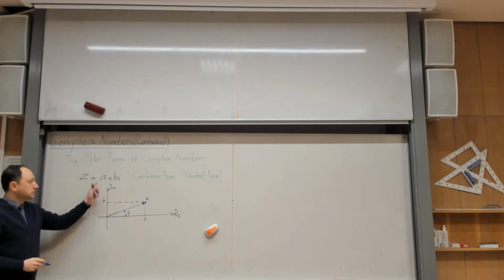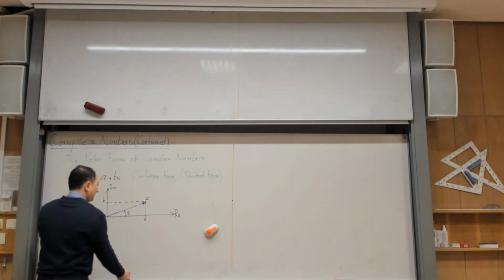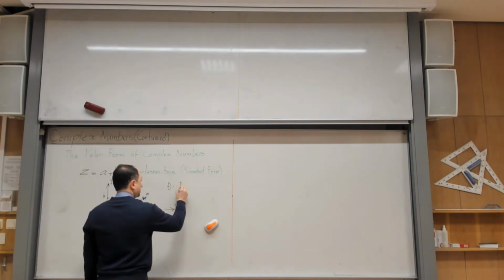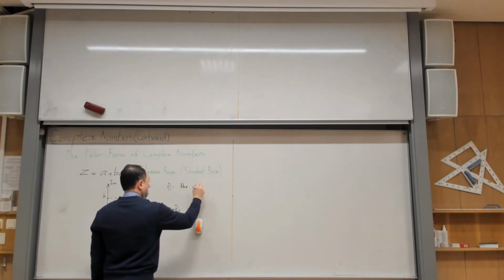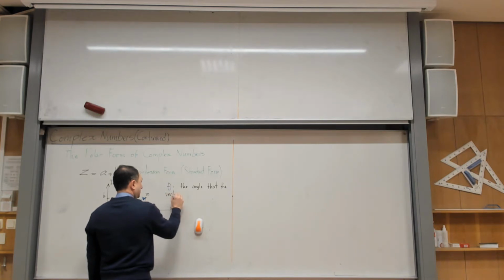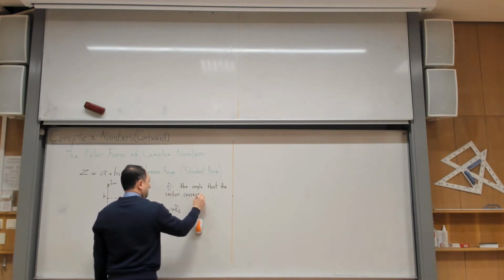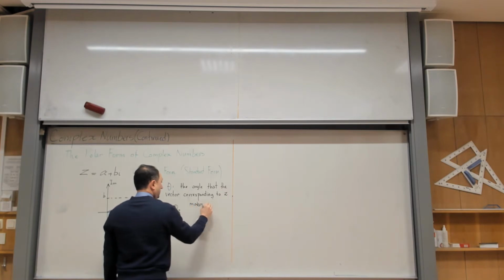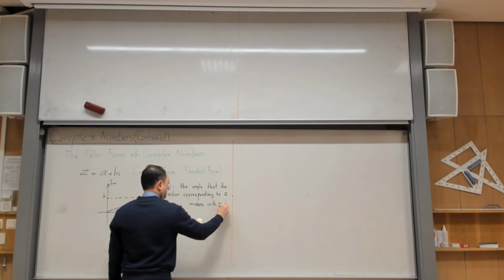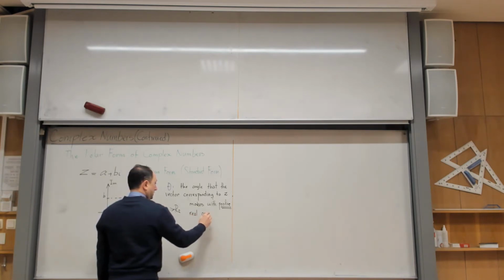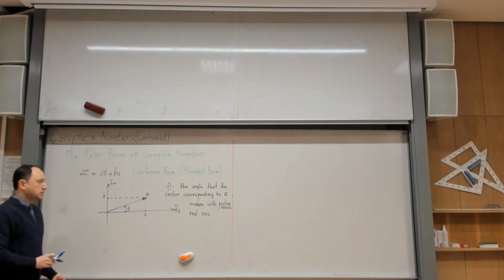This is called the argument of this complex number. So theta is the angle that the vector corresponding to z makes with the positive real axis. This angle is called the argument of my complex number.